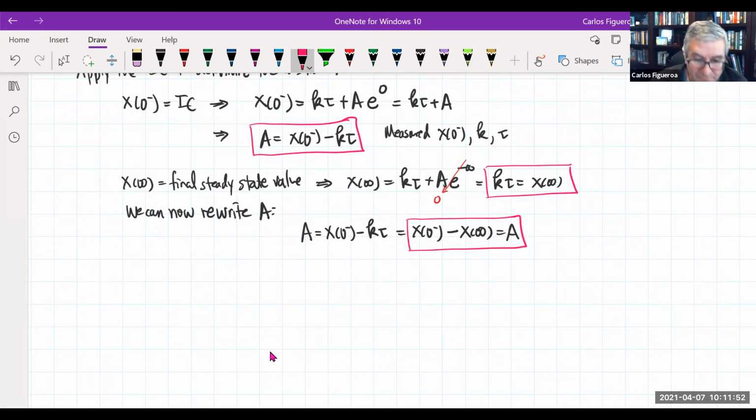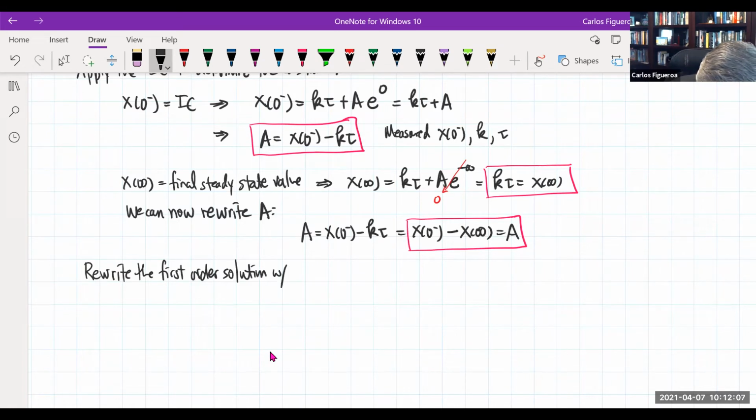So here I go. Now I'm going to rewrite the first order solution with initial condition applied. So I have x of t, and this is going to be k tau plus A e to the minus t over tau. But note, we know what k tau is. We already said that that's x infinity.